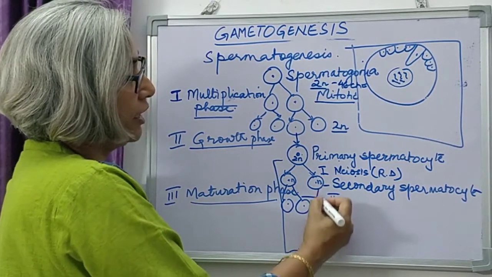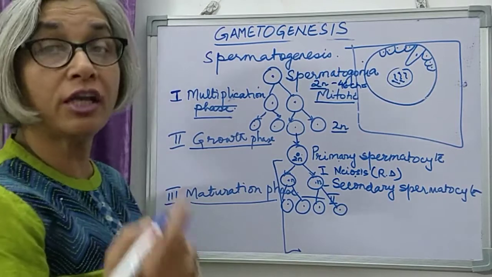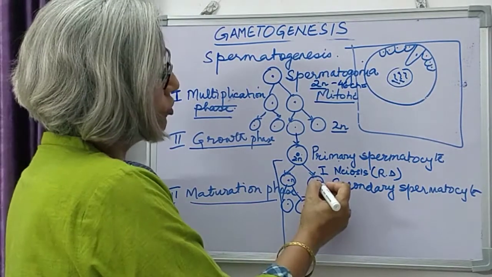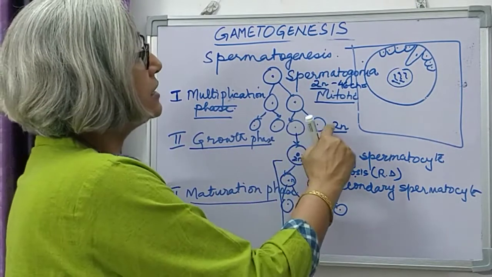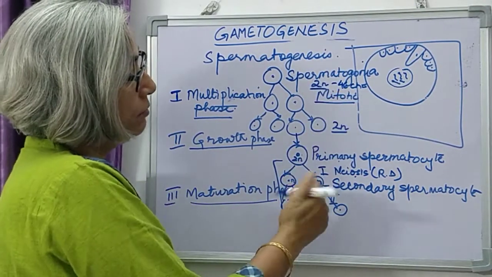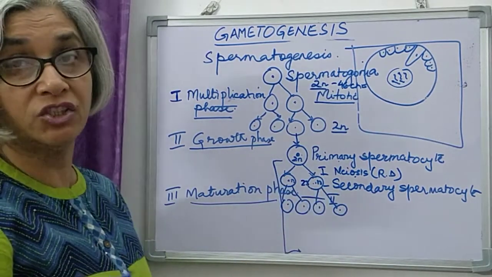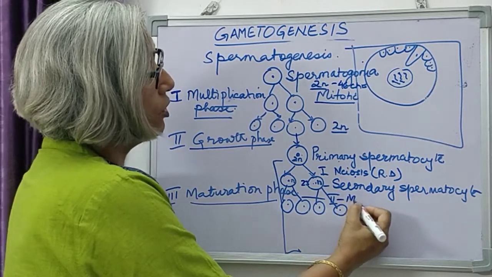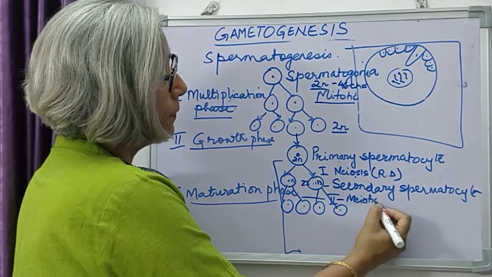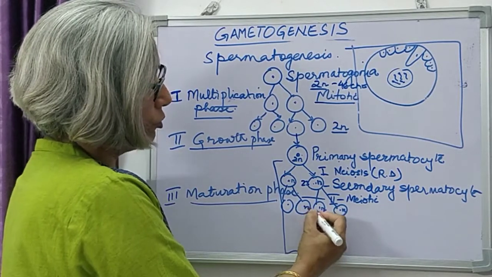The second phase of meiosis is actually a mitotic division. So here the chromosome number has already become half. From 46, it has become 23. Both these cells have 23 each. So now in the second meiotic division, more cells are formed, each having n number of chromosomes.